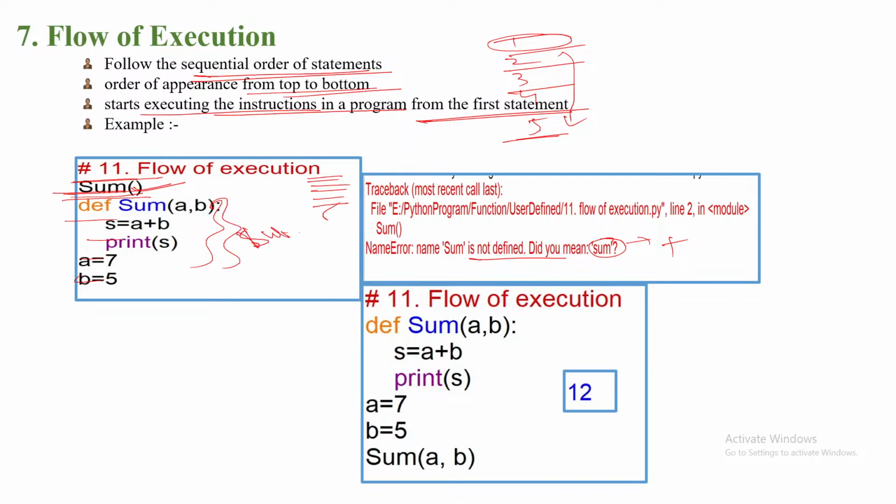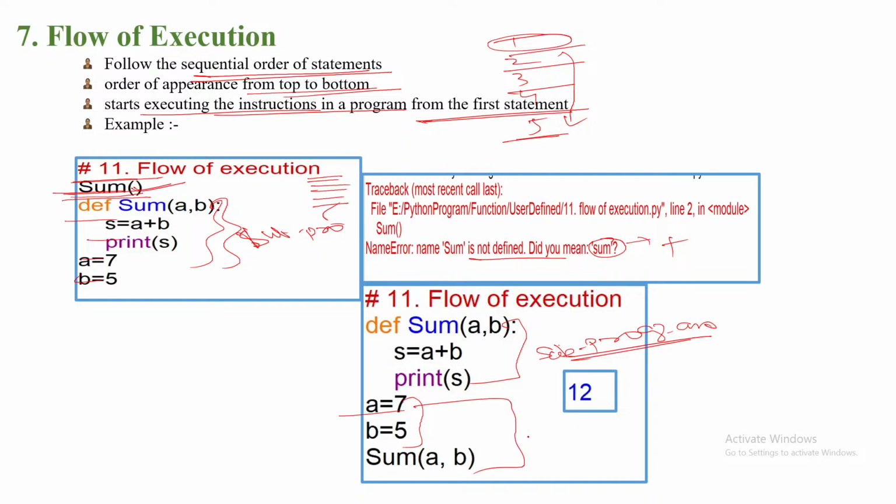Now in the second example you can check that. Here I define it, this is our subprogram. In the first slide I already explained that. A function is a subprogram, right? Then this is called the main program.